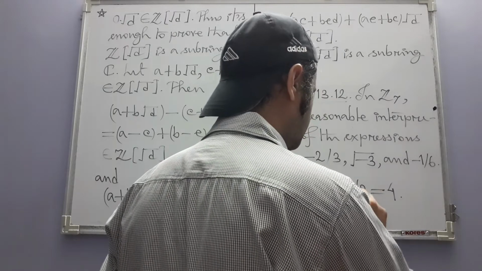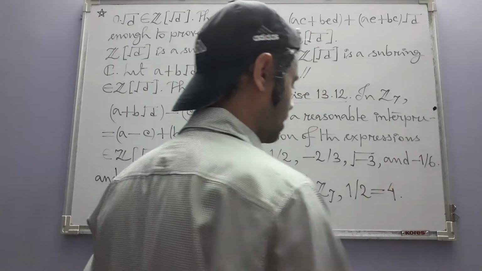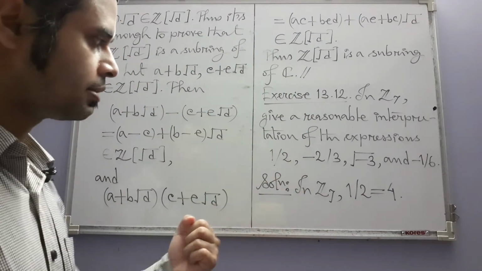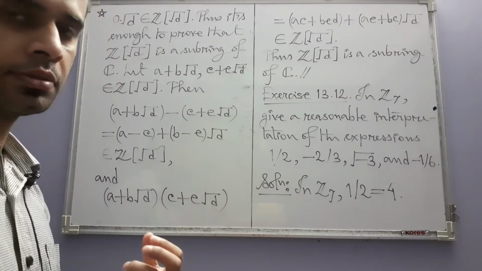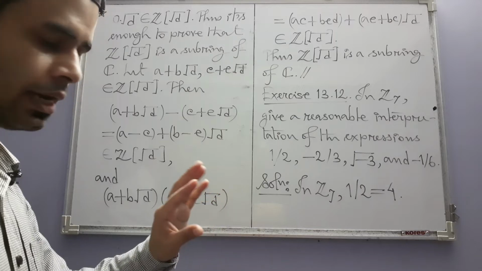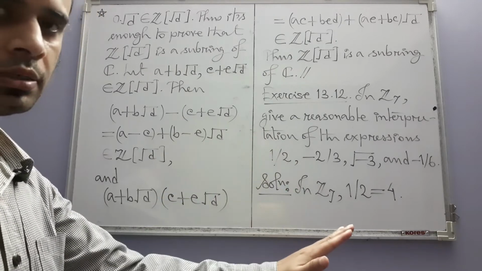So this expression can be thought of as 4, because normally this expression denotes the multiplicative inverse of 2. In this ring, which actually is a field, the multiplicative inverse exists and is 4.